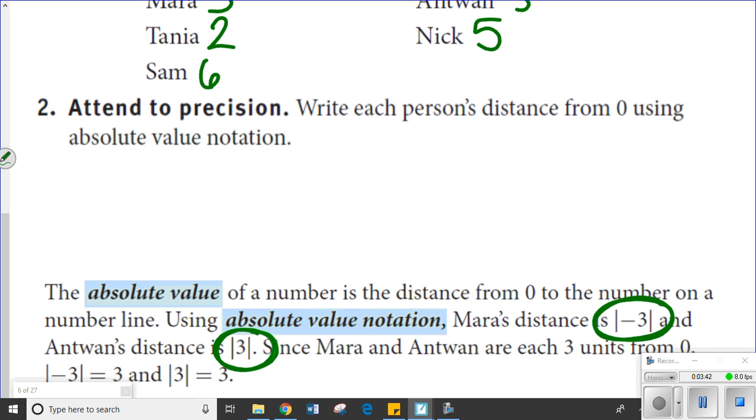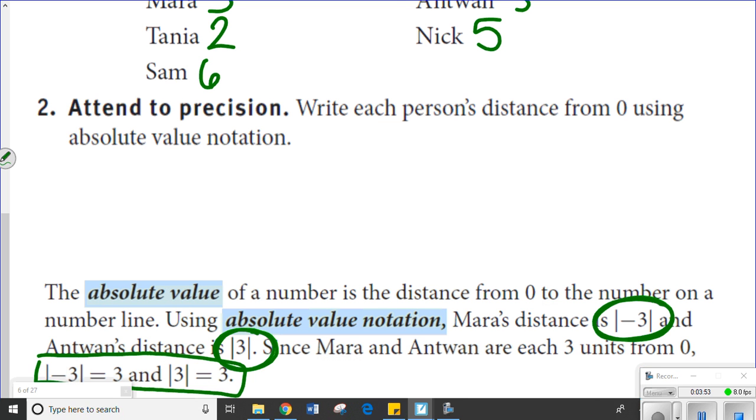So Mara and Antoine are both 3 units away from 0. So the absolute value of -3 equals 3. The absolute value of 3 equals 3. Why? Because the absolute value of a number is the distance from 0 to that number on a number line.